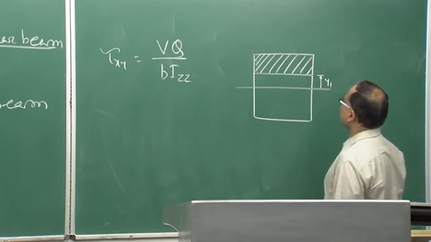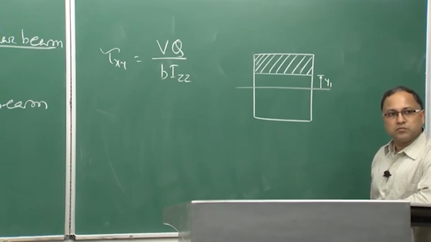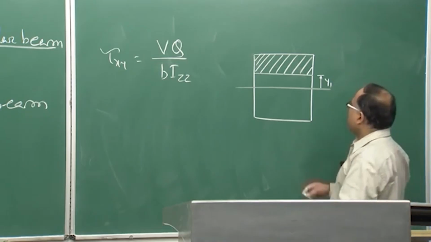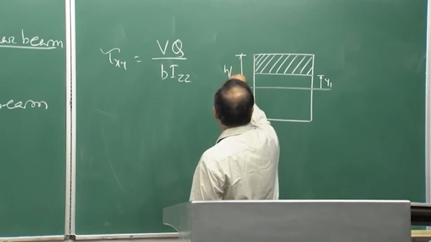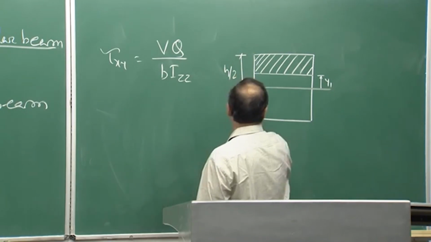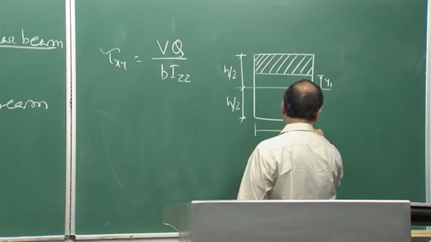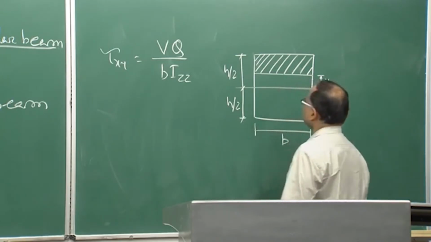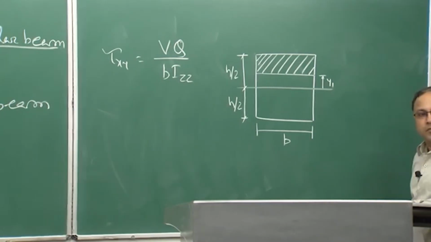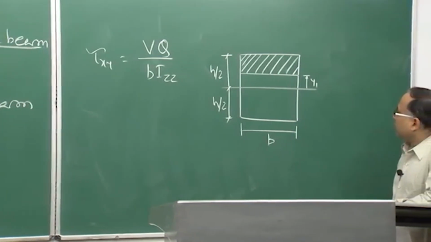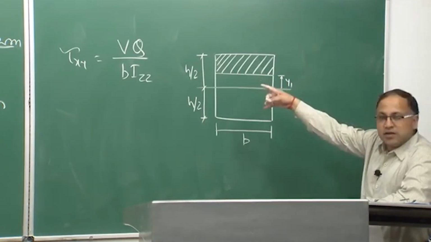This is your h by 2, and this is also your h by 2, and this is your B. In the same process you can give a try.